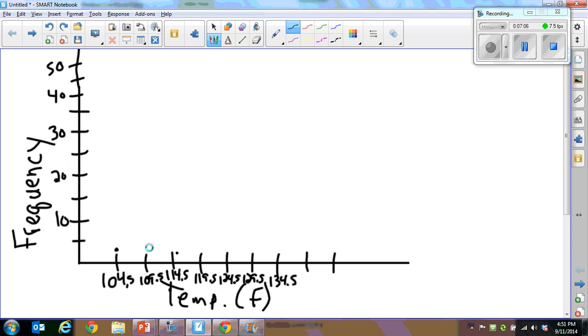How many were at 109.5 or below? There were 10 at 109.5 or below. How many were at or below 114.5?